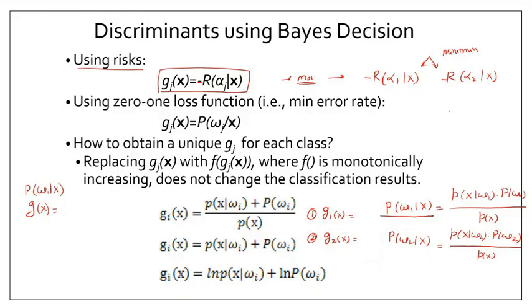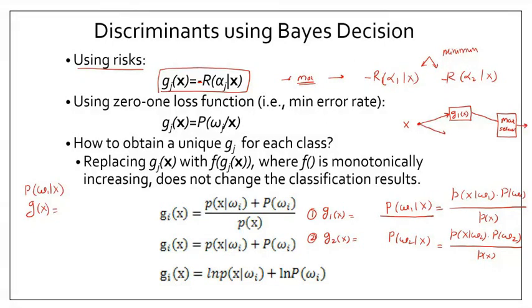Okay, say I can draw a diagram here. This is my input x. This is going to a function g1x, and then it is going to a max selector, which produces some output.